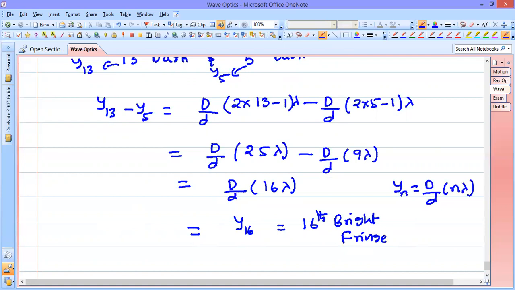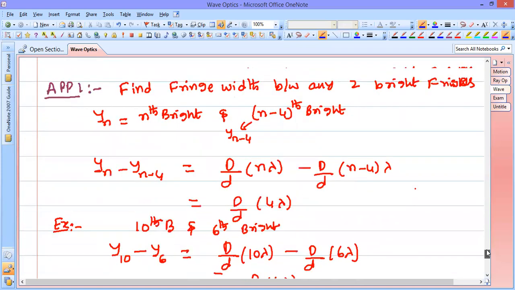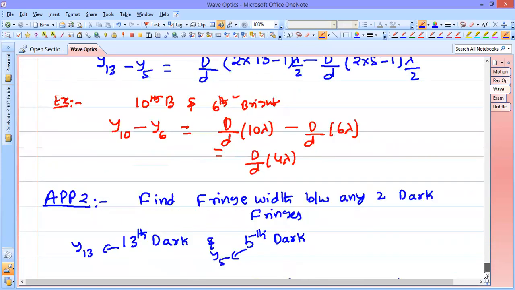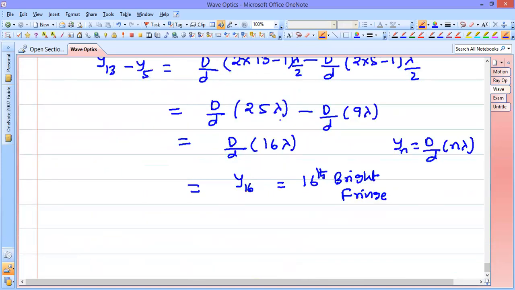Sir, isn't it lambda by 2? Oh, here it is lambda by 2: capital D by small d, (2n minus 1) into lambda by 2. Yes, right, lambda by 2. So it will be the eighth bright fringe.